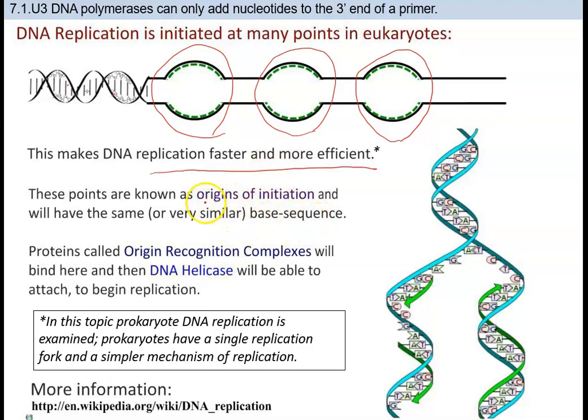These points are known as origins of initiation, and will have the same or very similar base sequences, which means that there is a place that will be recognized for initiation of the replication.